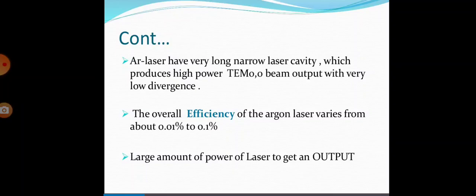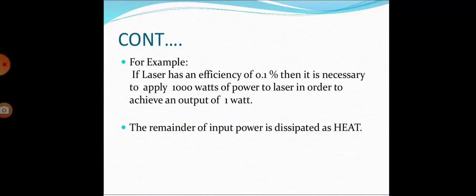A large amount of power is needed to get an output. For example, if the laser has an efficiency of 0.1%, then it is necessary to apply 1000 watts of power to the laser in order to achieve an output of 1 watt. The remainder of input power is dissipated as heat.